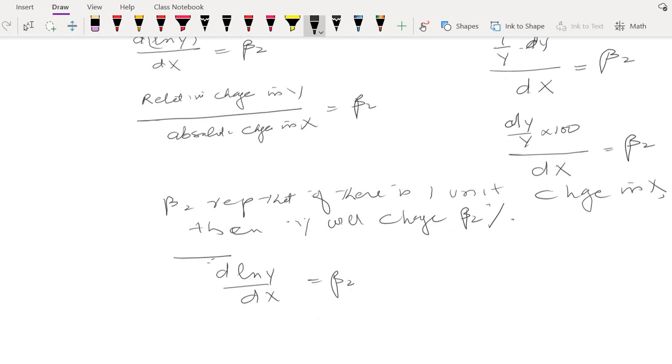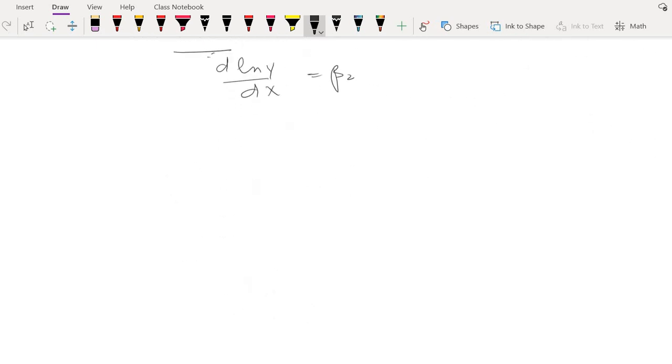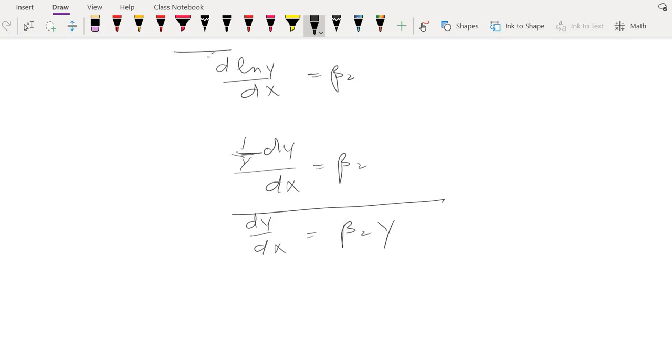So I explained that 1 by y into dy over dx is equal to beta 2. If I simplify it, dy over dx is, this y will go down and be multiplied here. So see, beta 2 is not the slope, but beta 2 into y will become the slope, and this happens in the log linear form.